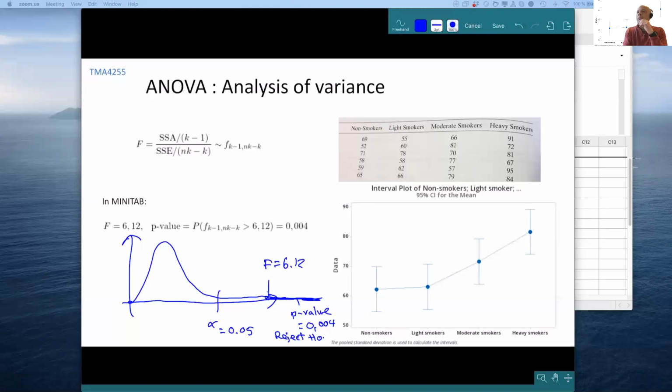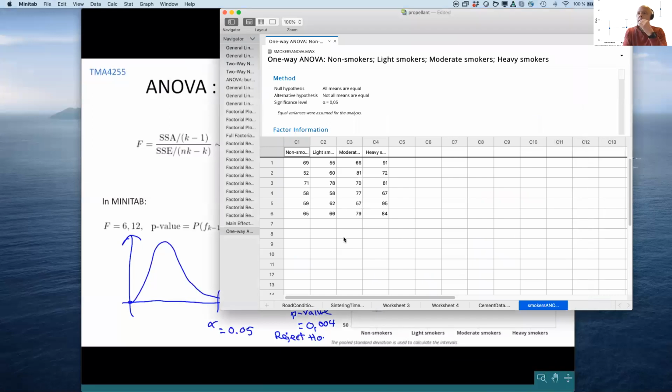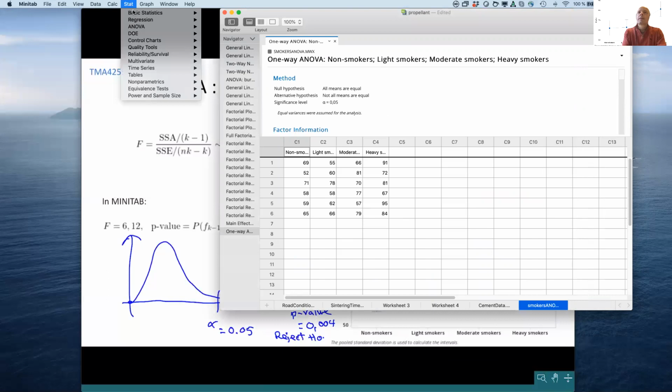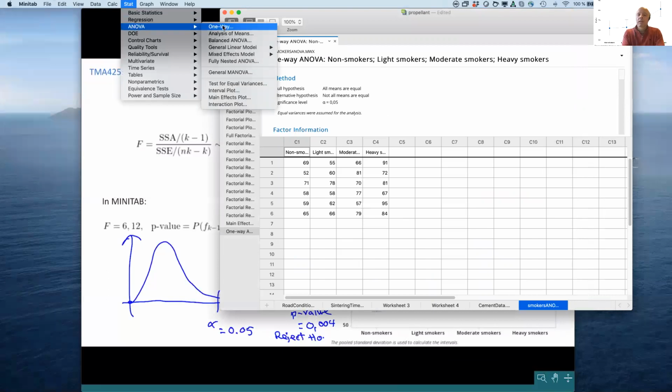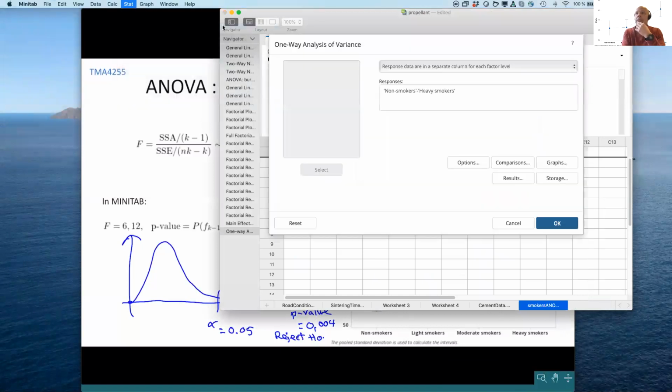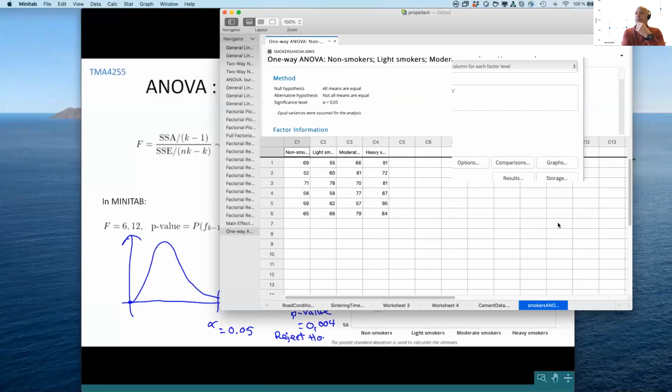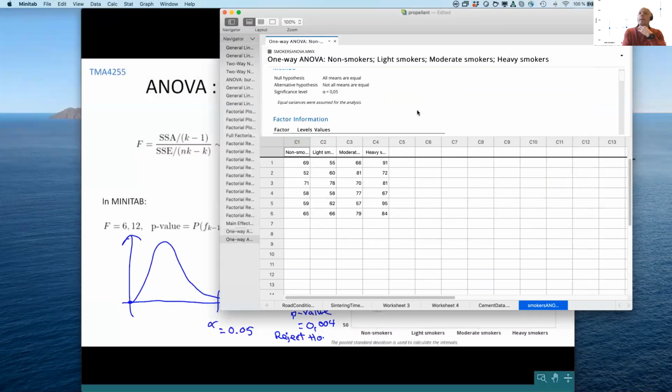And we can also do this in Minitab. So I have this example here. Then we go on Stat. We go on ANOVA, one-way analysis. We'll later get to two-way analysis of variance. And here I have the response data in separate columns, and I picked these responses, and I can just press OK. And then I get something out.